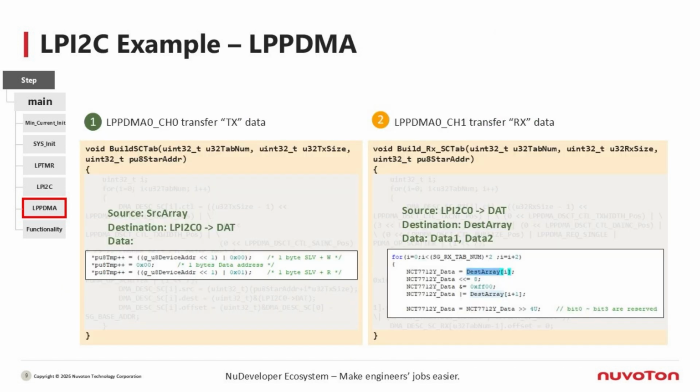Next, let's take a look at how Low Power PDMA handles sending commands and receiving data. First, PDMA channel 0 is used to send commands to the sensor. That is, the write command, index, and read command we mentioned earlier. The sensor's response, data 1 and data 2, is then moved by PDMA channel 1 into the destination array stored in low power SRAM.